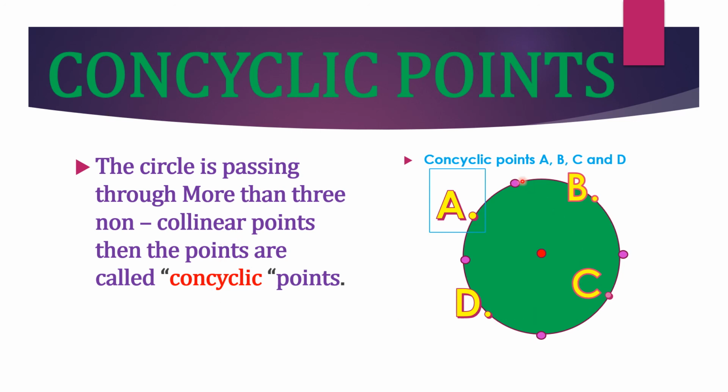Here the points are non-collinear points, so these points do not lie on the same line. Therefore, the circle is passing through more than 3 non-collinear points. Then these types of points are called concyclic points. Here the minimum number of points is 4, the maximum is infinite. So this is one of the concepts in circles.